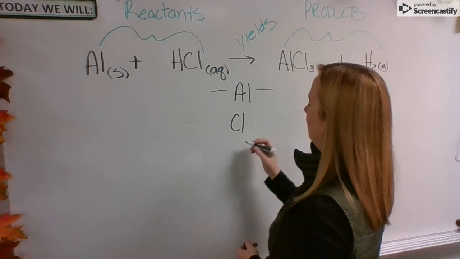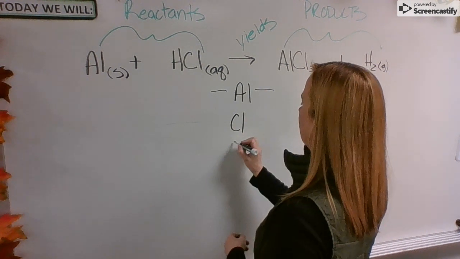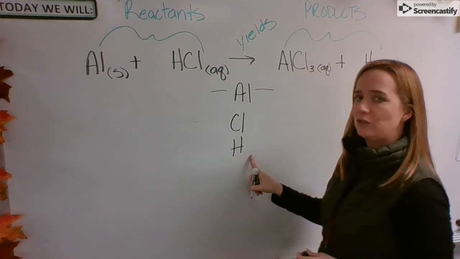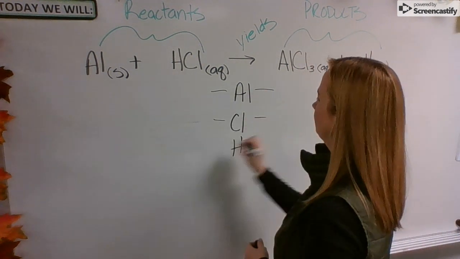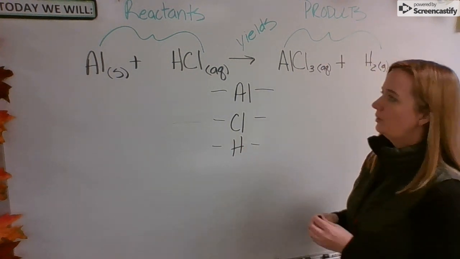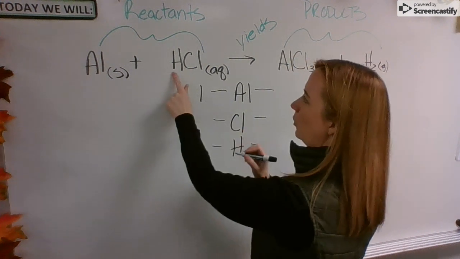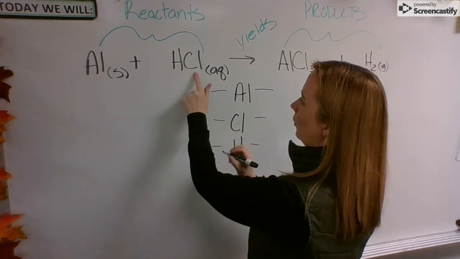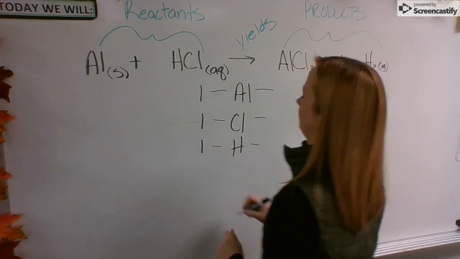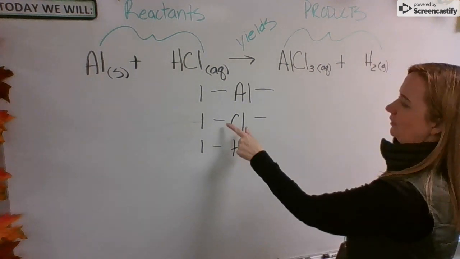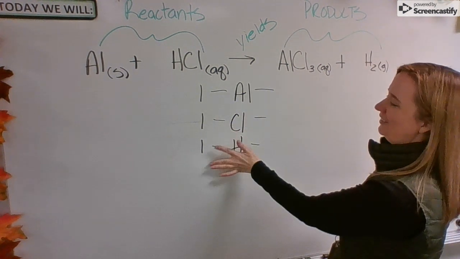So I'm going to list my metals, then if I had non-metals, then I'm going to have my hydrogen. So in this case, we're going to go out and count. I have one aluminum, one hydrogen, one chlorine. Not in that order, but one chlorine, one hydrogen.